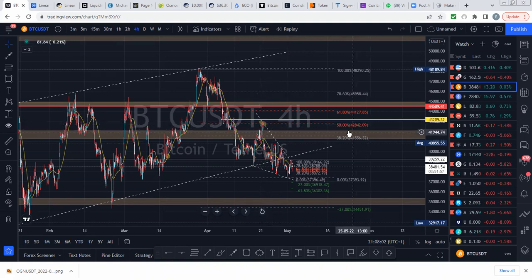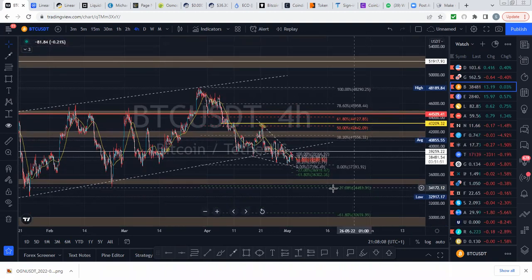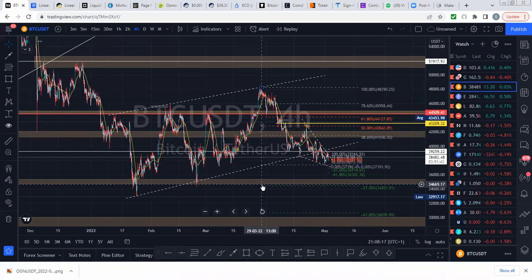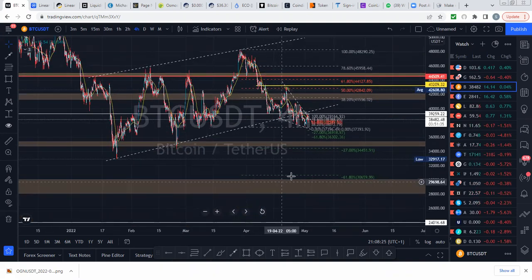From this area, which is the 50% retracement. You understand? Then our take profit area is what? 34,445, which is this place. That's our take profit point. You can see another take profit point is what? 30K region.